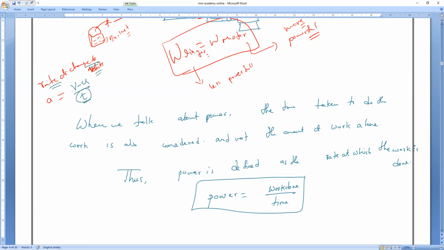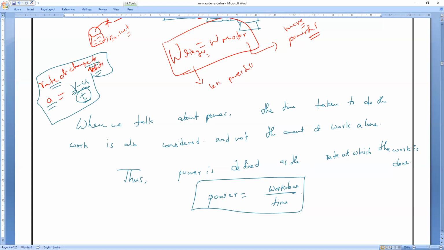Change in velocity means final velocity minus initial velocity. Rate of change of velocity means acceleration. Every time remember, rate means with respect to time.